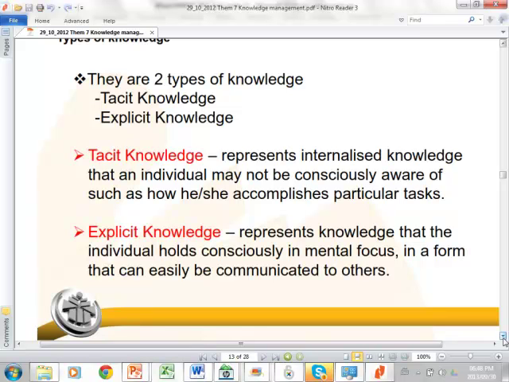And explicit knowledge is the knowledge that the individual holds consciously in mental focus, in a form that can be easily communicated to others. I think it was Confucius who said that if you want to really know how something works, you have to do it. Because if you just see it or hear it, it's not the same as actually doing it.